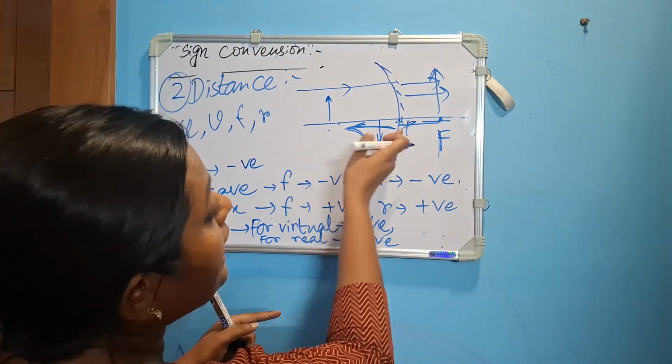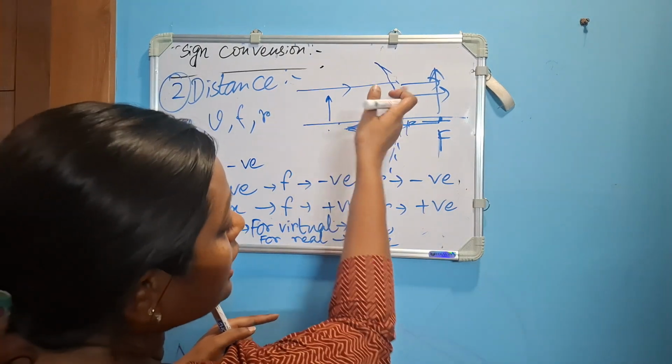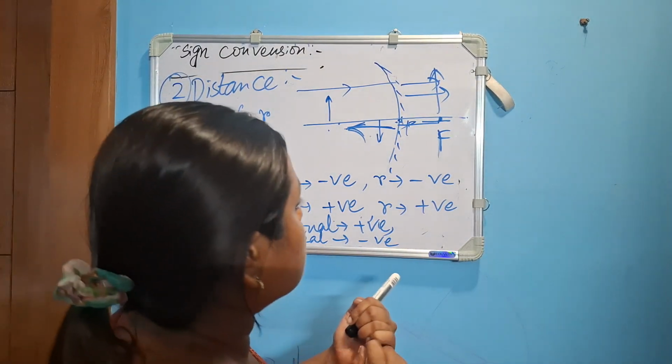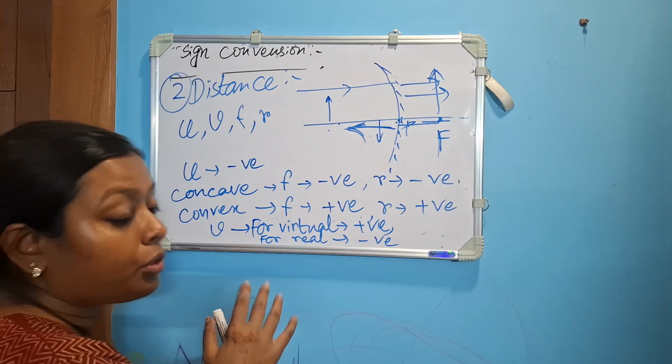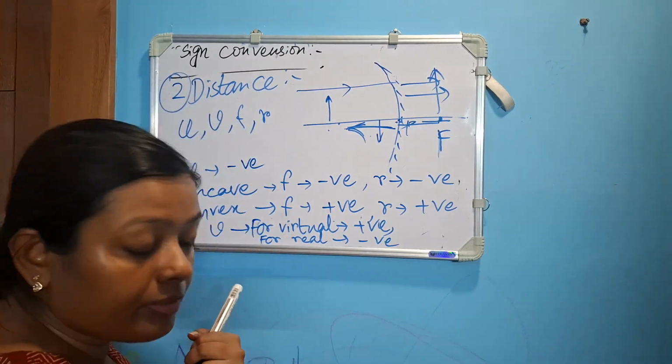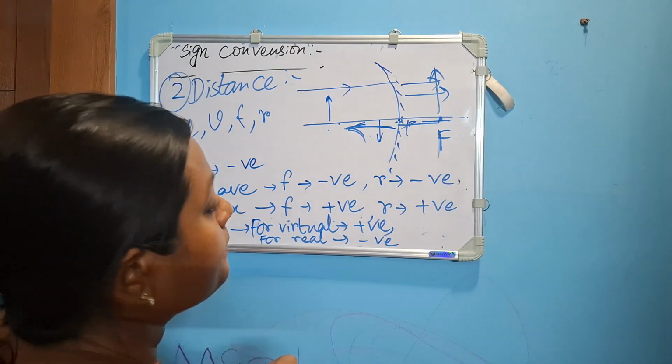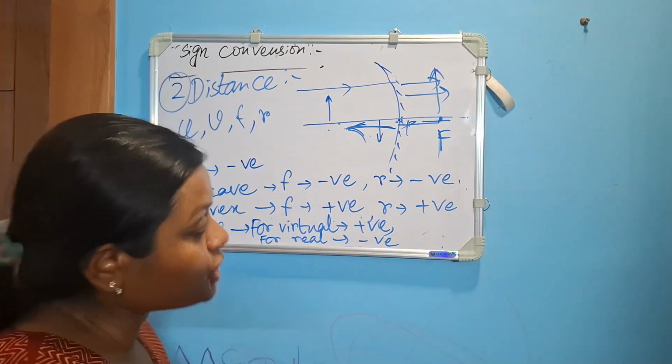So the distance will be calculated from the pole again in the opposite direction, so it will be negative. Okay, so these are the sign conventions, which are always very important for the numericals. We will do those for the mirror. And next comes the magnification part.